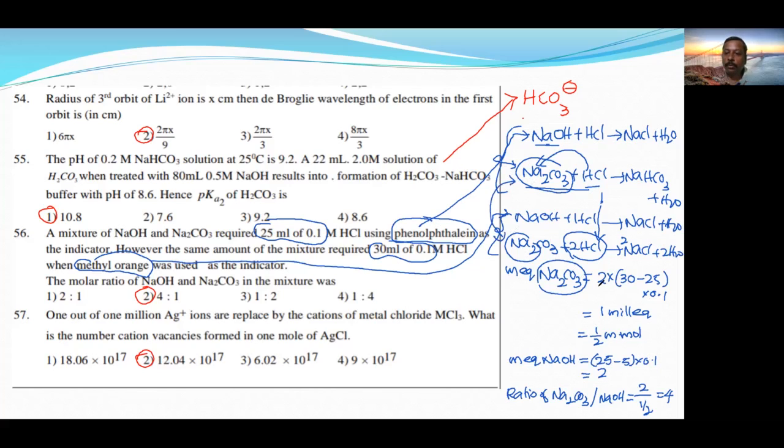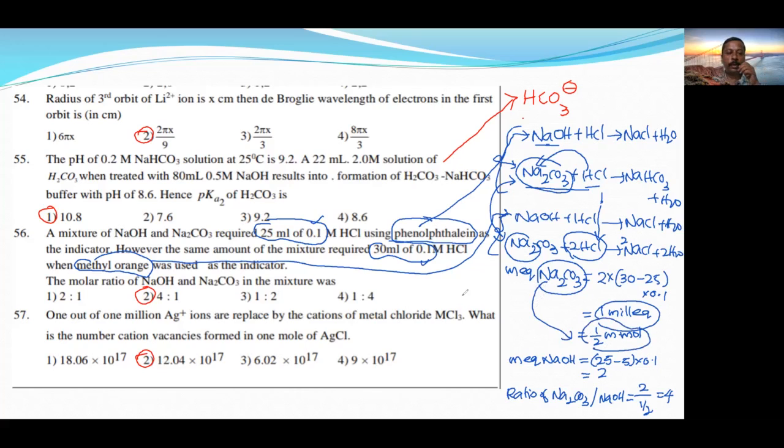So 2 into (30 minus 25), here it is 30, here it is 25. The extra is used because of the Na2CO3, into 0.1, 0.1 molarity HCl. So that is equal to 1 milliequivalent. But here the equivalent factor of Na2CO3 is 2. Therefore, it will be 1 by 2 millimoles.